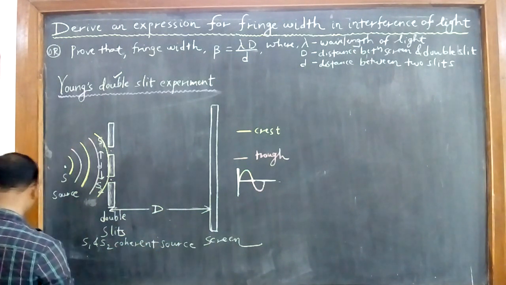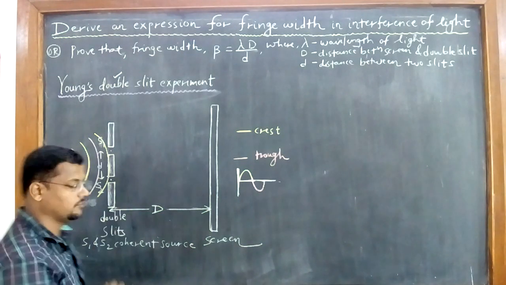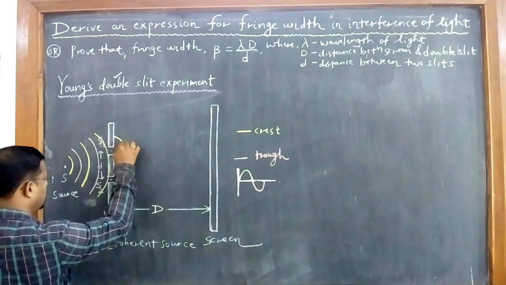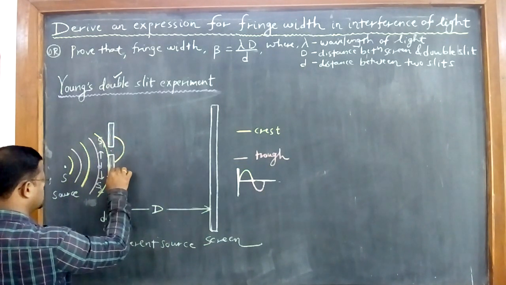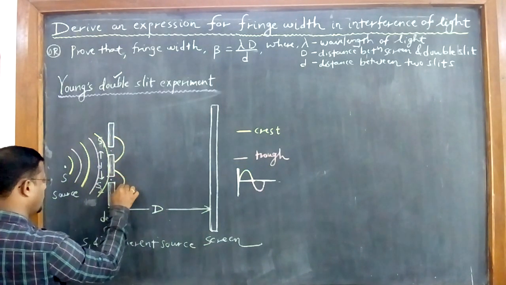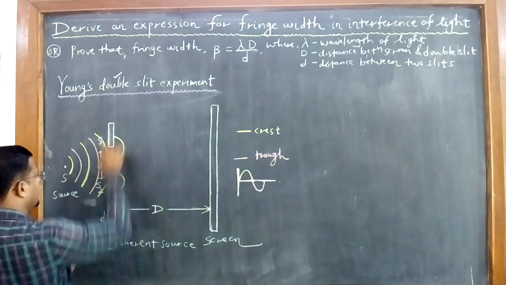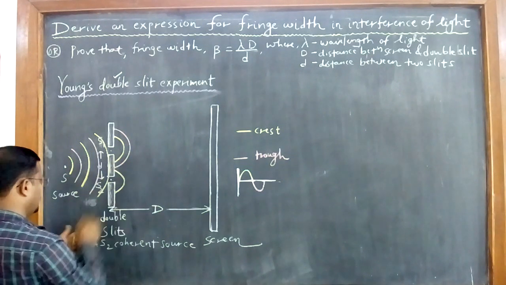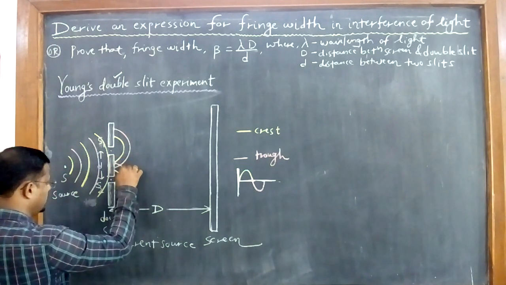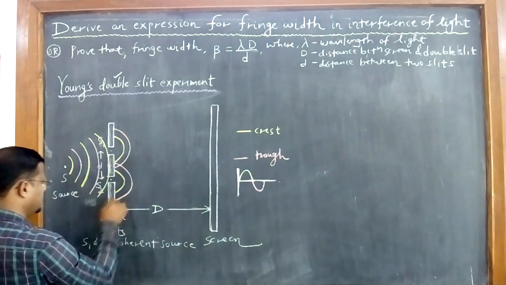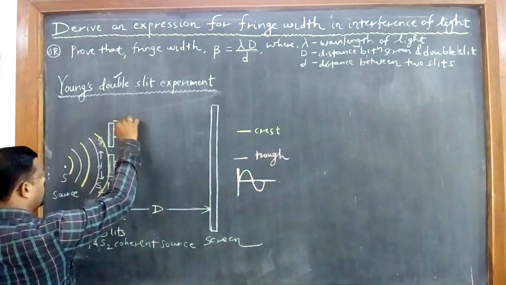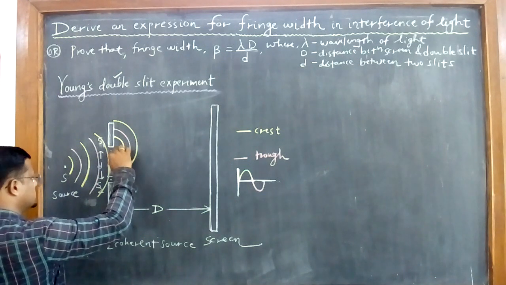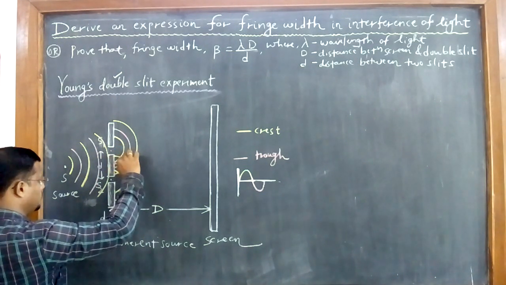Okay, now the light is going to start from S1 and S2. At S1 a crest is formed, and at S2 also a crest is formed. Now a trough is formed here, and this side also a trough is going to form. Then the crest is formed here, and this side also a crest is going to form.